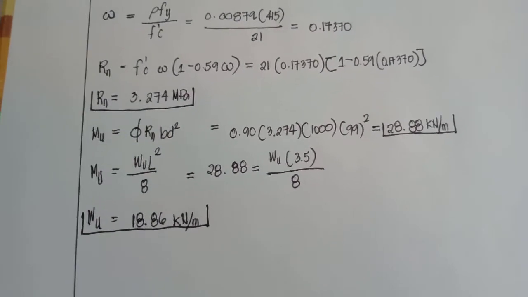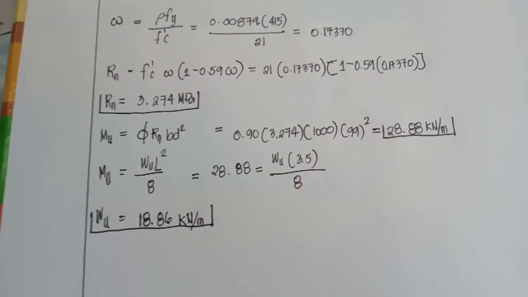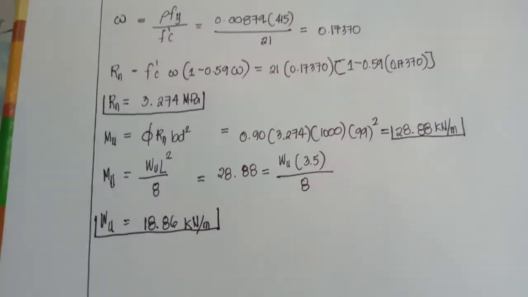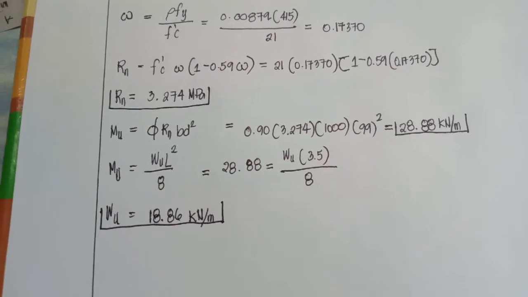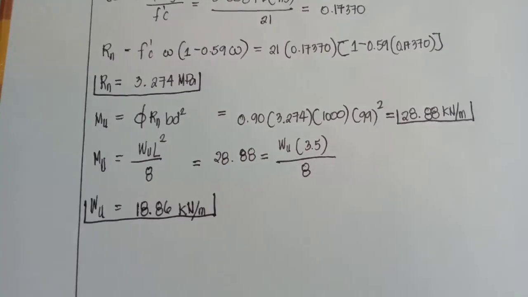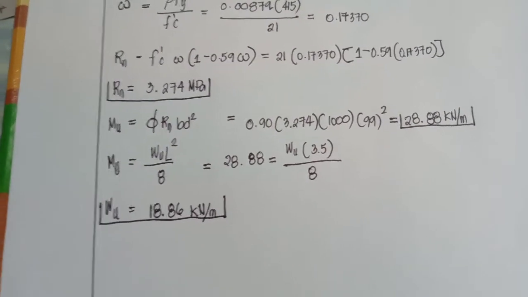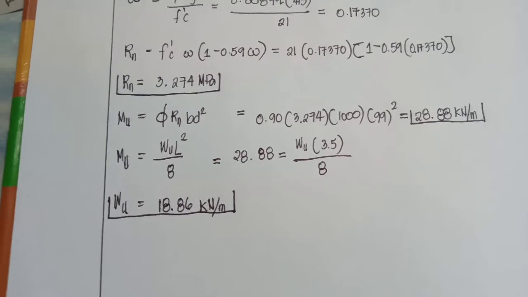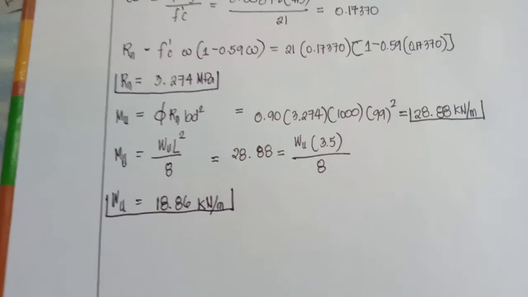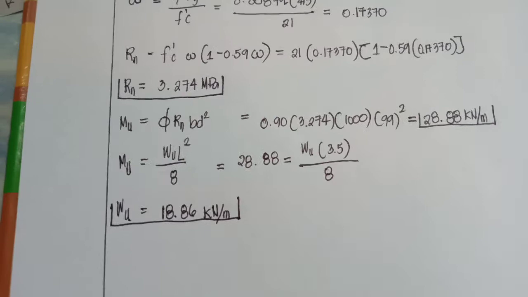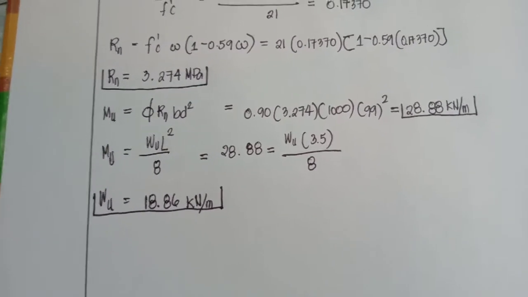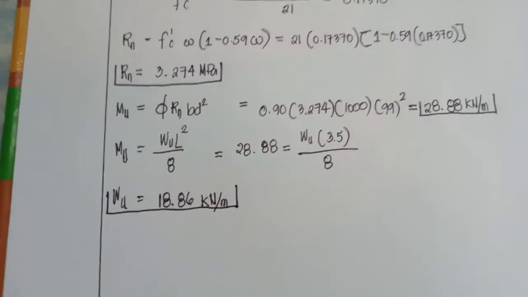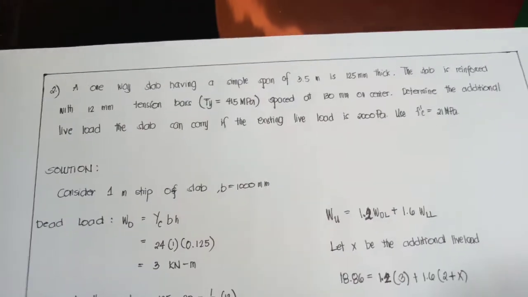Now we are going to solve for the value of the uniform load from Mu. Using its formula, Mu equals Wu times its length squared divided by 8. Substituting all the values, we obtain the value of the uniform load as 18.86 kilonewtons per meter.